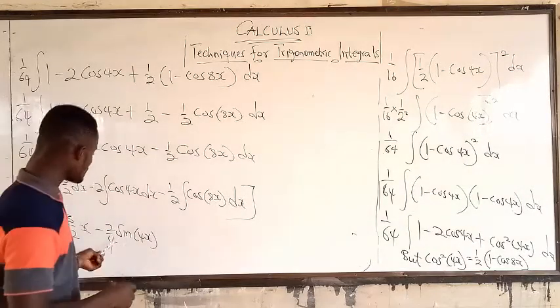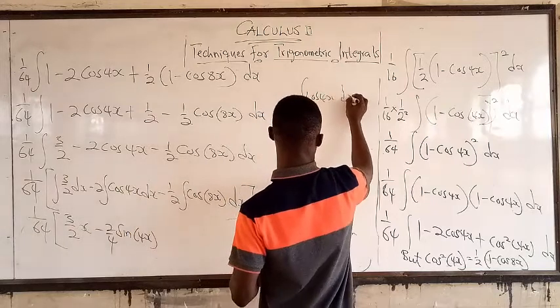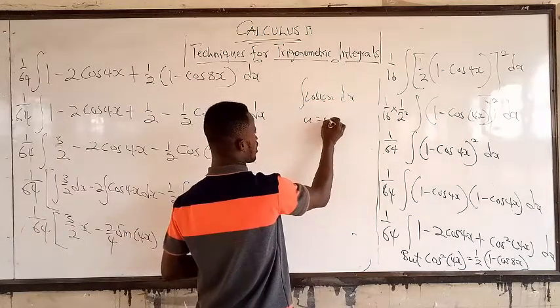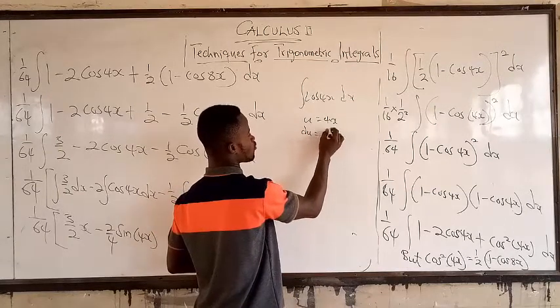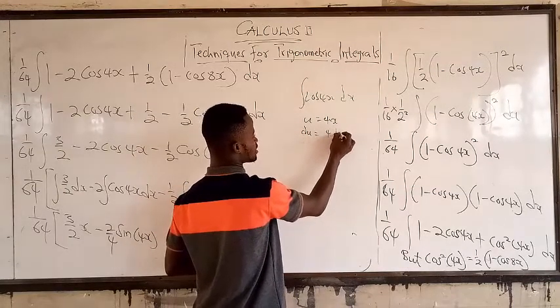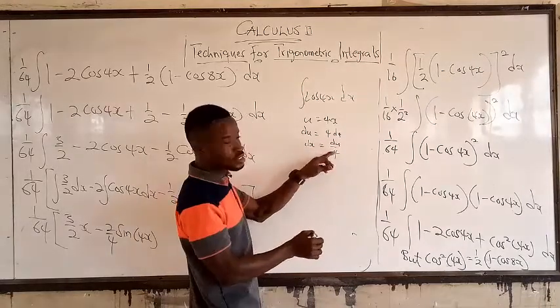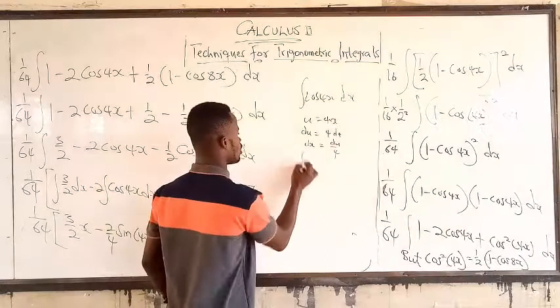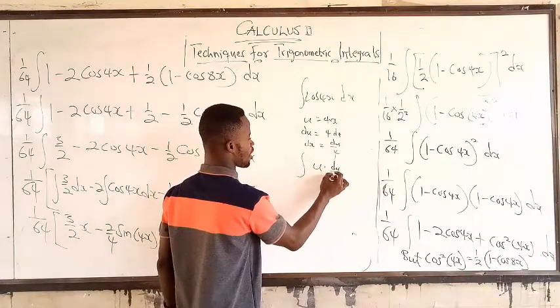In fact, you can write this somewhere and try and see. The integral of cos 4x dx. Let u be equal to 4x. du is equal to 4 dx. dx is equal to du over 4. So you see the 4 will go down. So here you get cos u, and dx is du over 4.